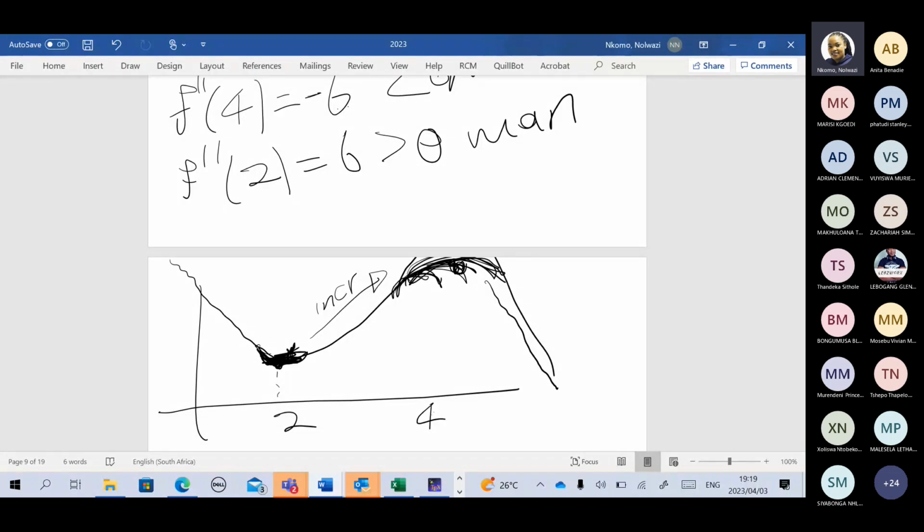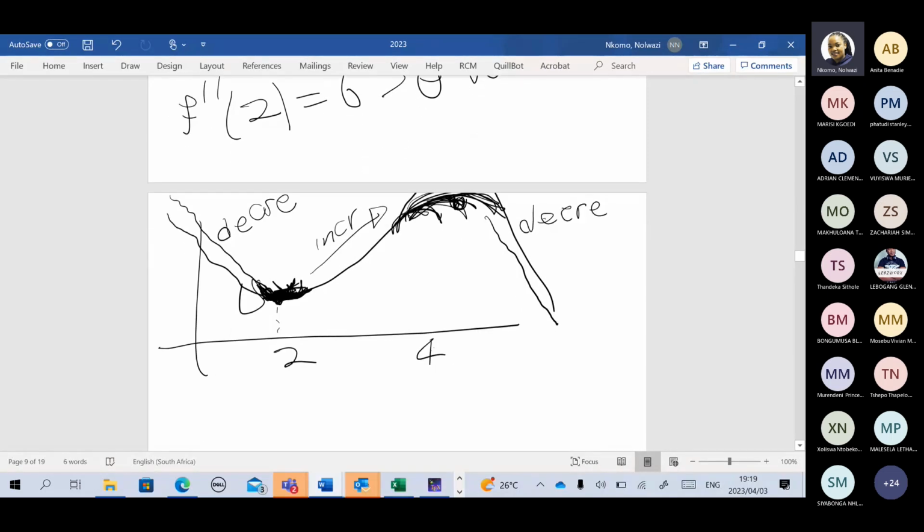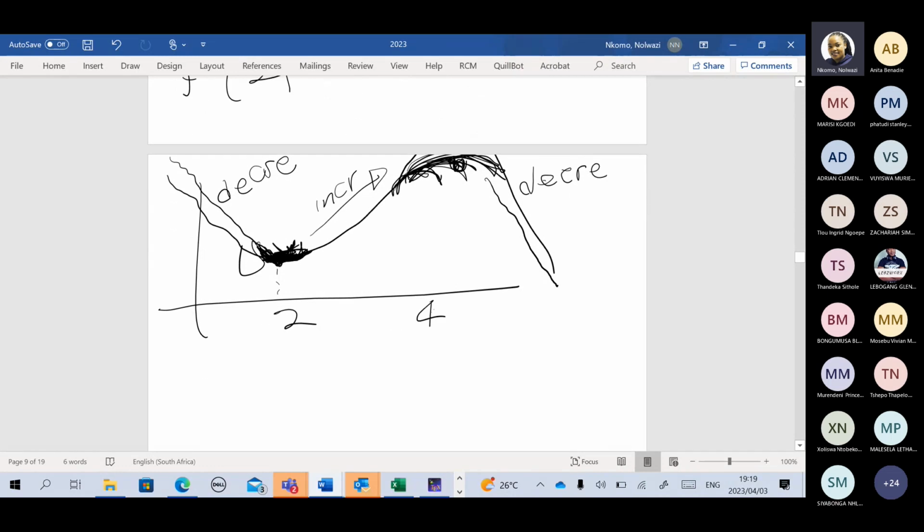And if this is the minimum point, that means from here to this point, our graph is decreasing again. So if we were asked to find the interval whereby your graph is increasing or decreasing, you see from 2 until 4, your graph is increasing.